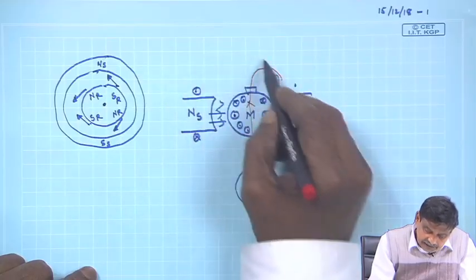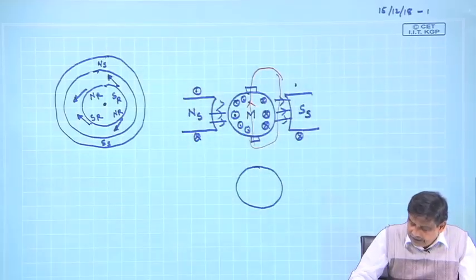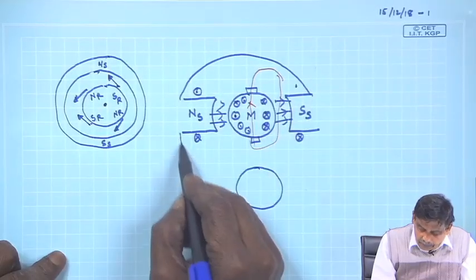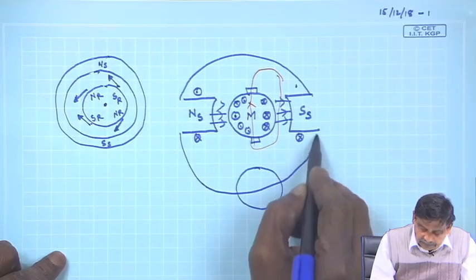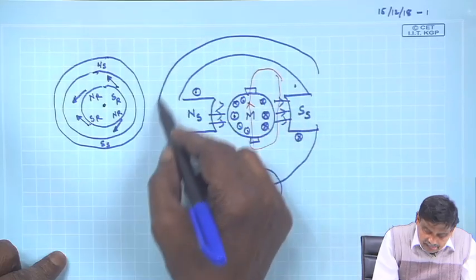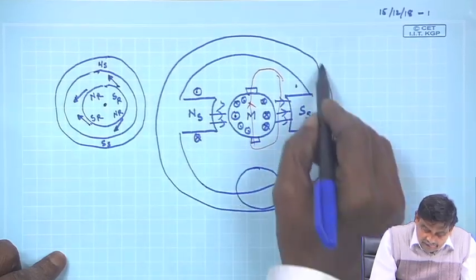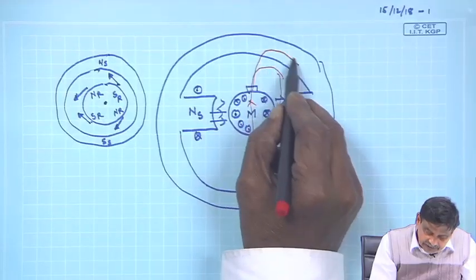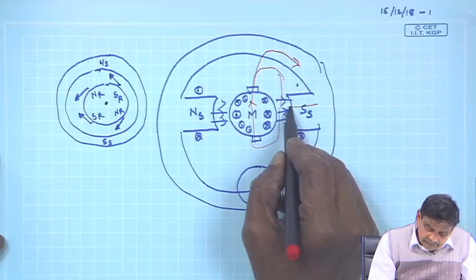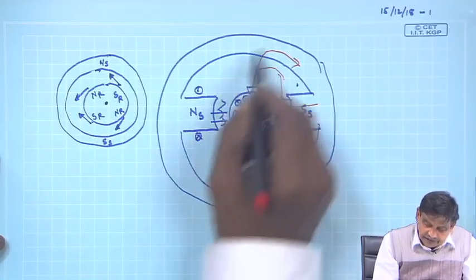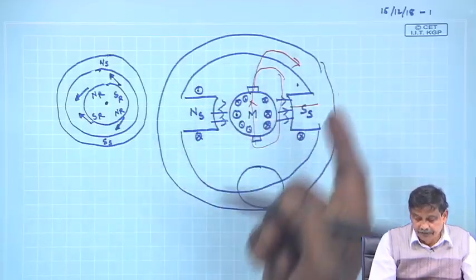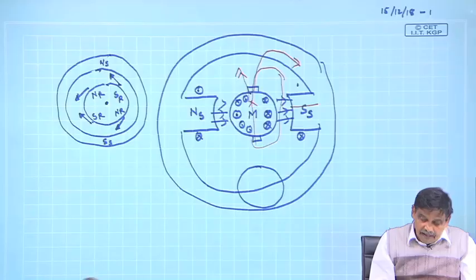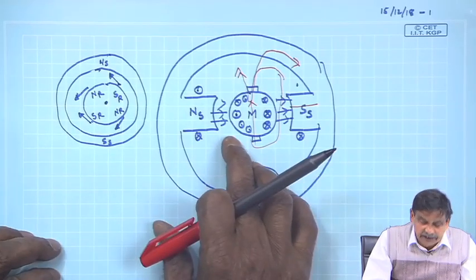There is stator iron like this, so through that stator iron it will complete its path. It goes like this, crosses the air gap, then returns. The red lines are the direction of the rotor field. Now, in which direction will the machine rotate?